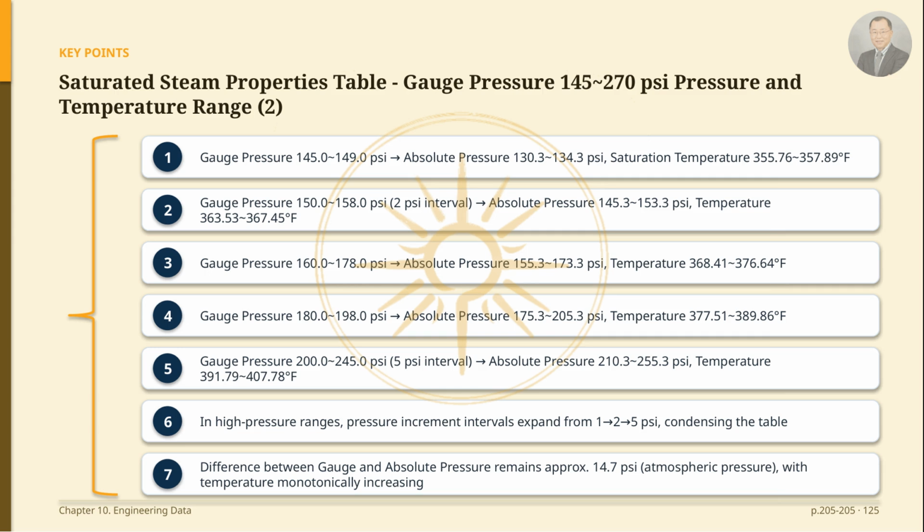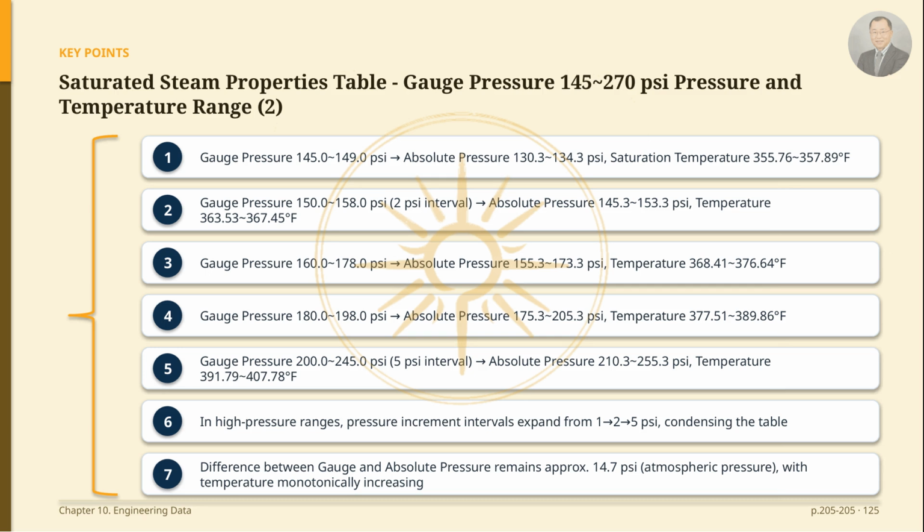Finally, the range from 200 to 245 psi widens again to 5 psi increments, reaching absolute pressures of 210.3 to 255.3 psi and temperatures of 391.79 to 407.78 degrees. As we move toward higher pressures, the table is condensed as the pressure increments widen from 1 psi to 2 psi and then to 5 psi.